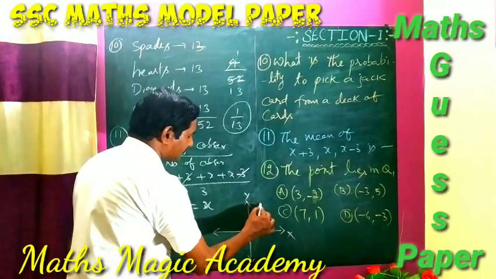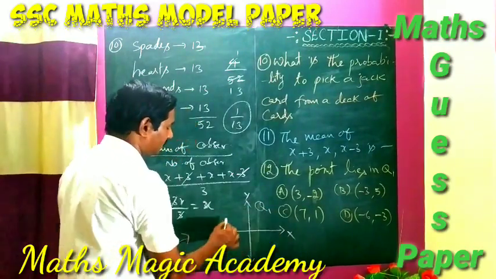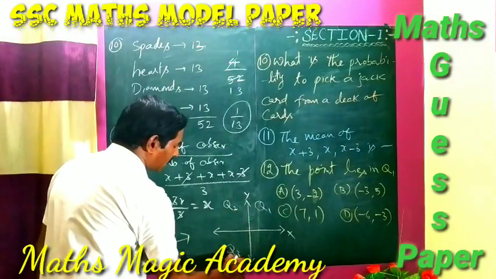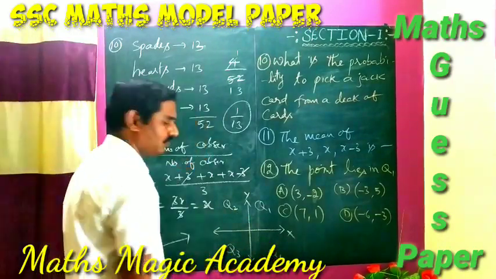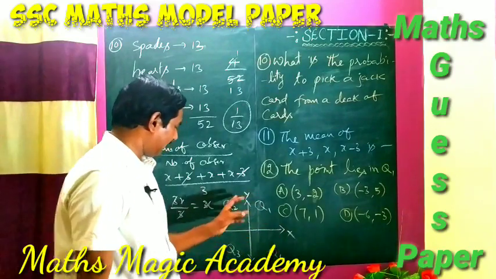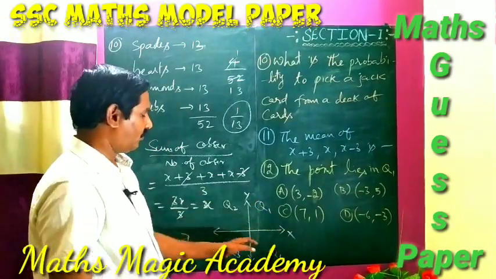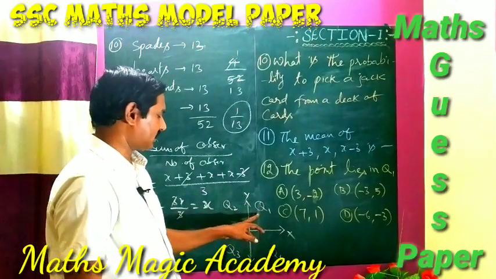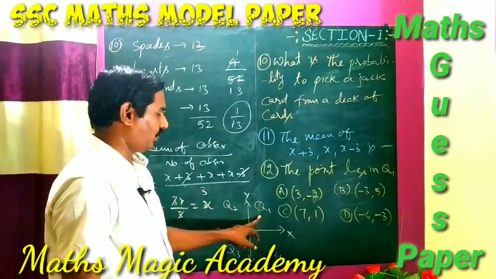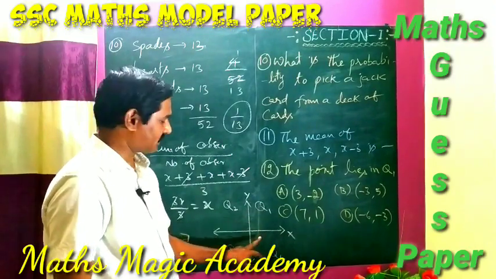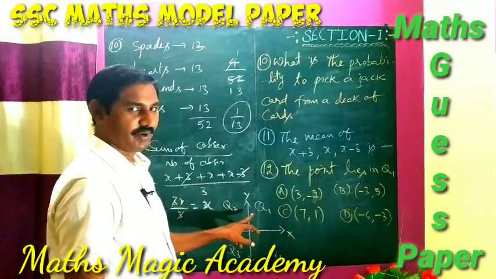In this coordinate axis, this is Q1, quadrant 1, quadrant 2, quadrant 3, quadrant 4. The rectangular coordinate axis can be divided into 4 equal parts, and each part is nothing but a quadrant. In Q1, all are positive. The x value is positive, the y value is also positive.